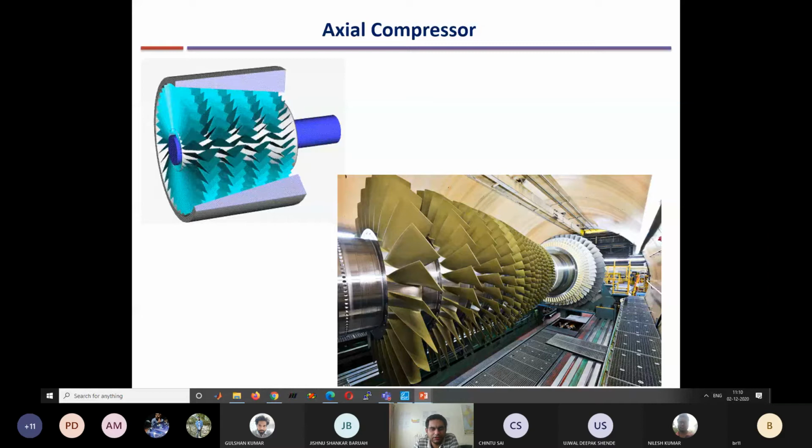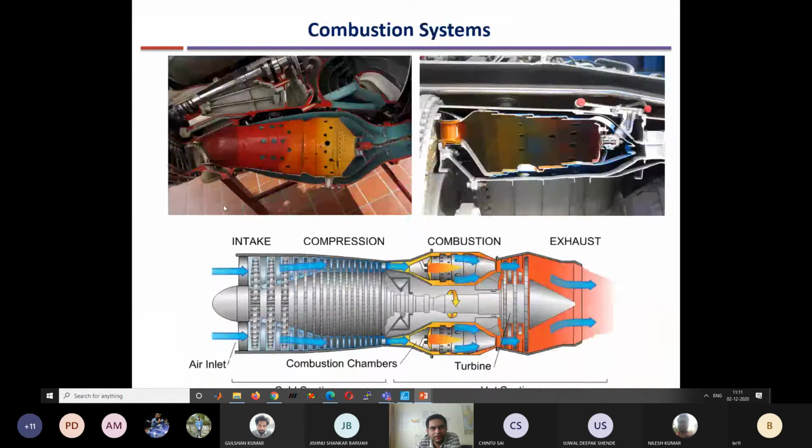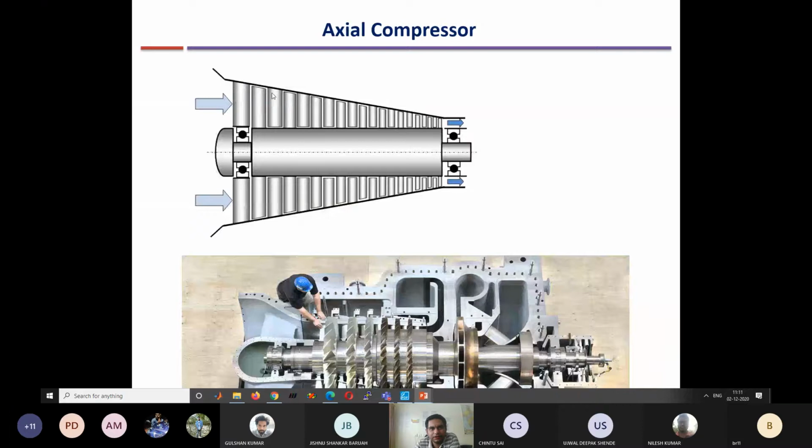So these things we have discussed. All the rotors are mounted on the hub on the shaft. So these are all part of the rotor. These are the rotor blades. And the stators are mounted on the casing on the other side. As we have seen in the schematic diagram, the stators are mounted on the casing, rotors are mounted on the shaft.